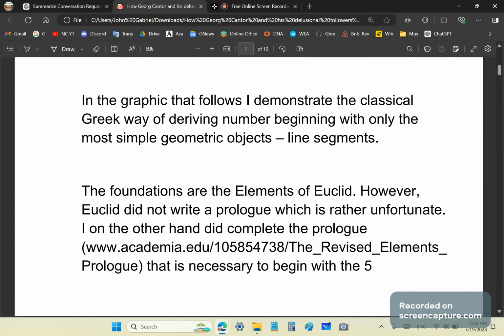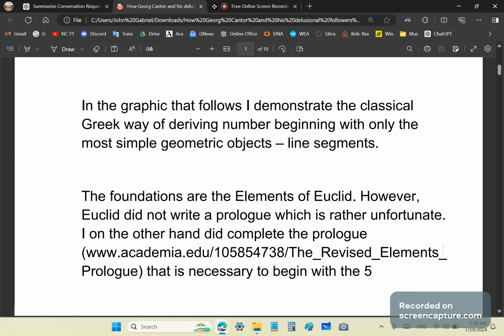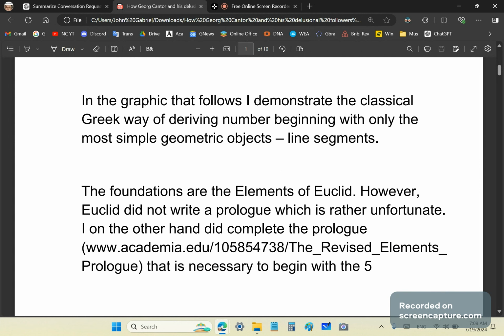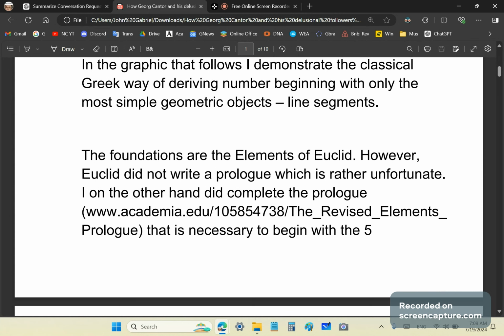So I've shown the derivation of that in a separate link, which I'll place in the details section. So be sure to click on more so you can see the link.